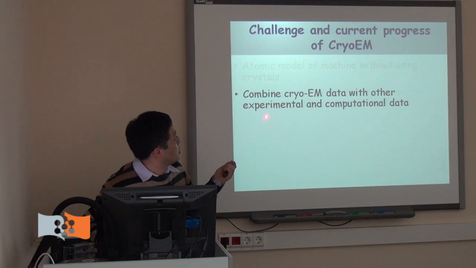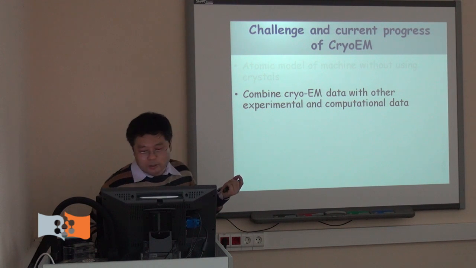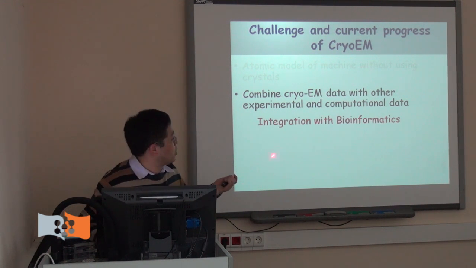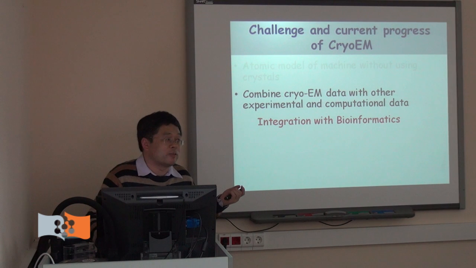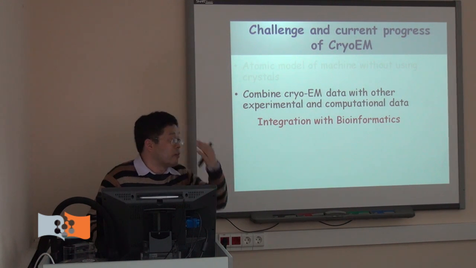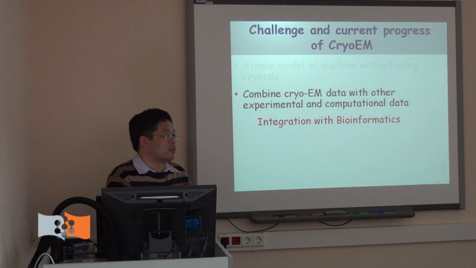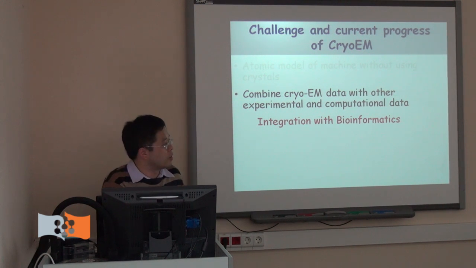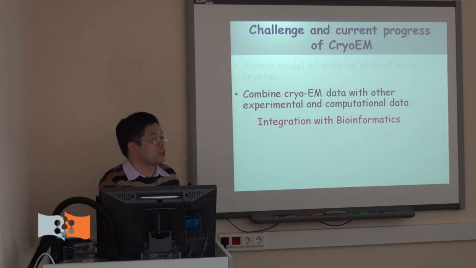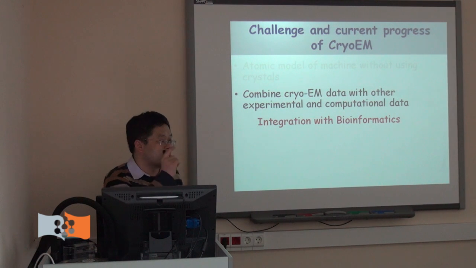The second trend is trying to combine different things. You can integrate with bioinformatics. For example, you may know the atomic structure of the subunit, but sometimes even the subunit is not crystallized.